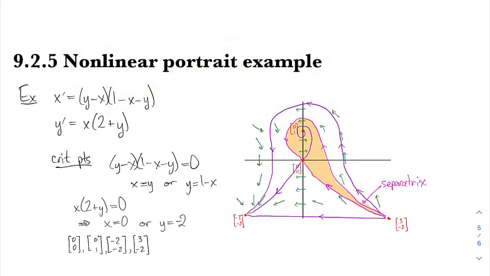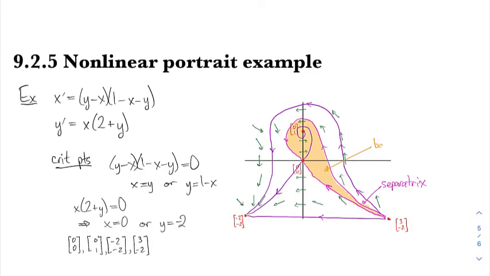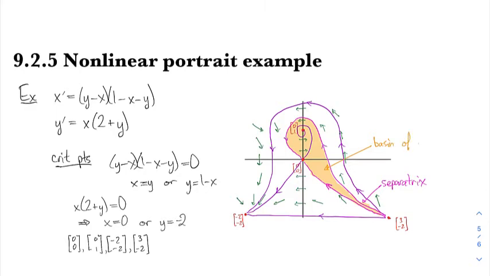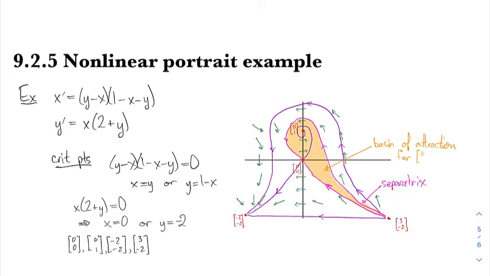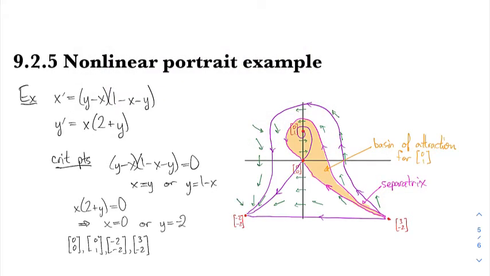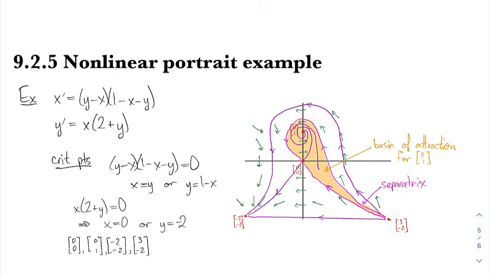Let me just label that. So this region here is called the basin of attraction for 0, 1. And so if I start anywhere inside there, like say at this point, the solution curve is going to come up and it's going to tend in as time goes to infinity.